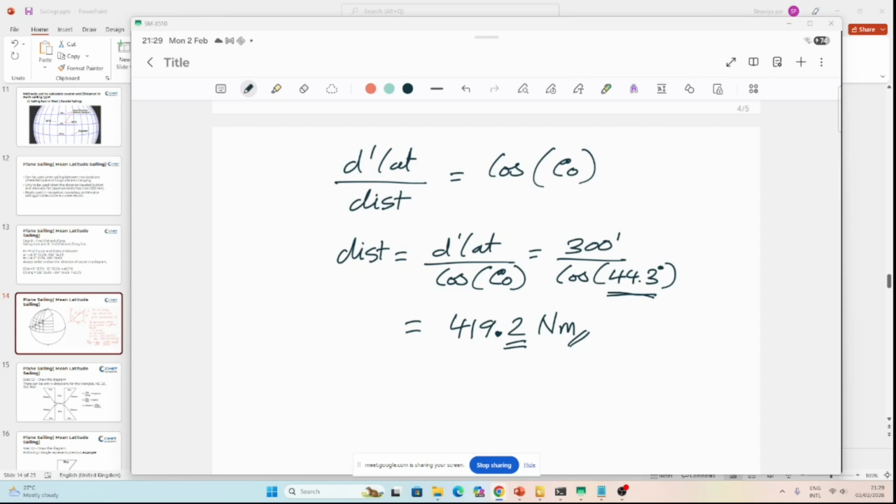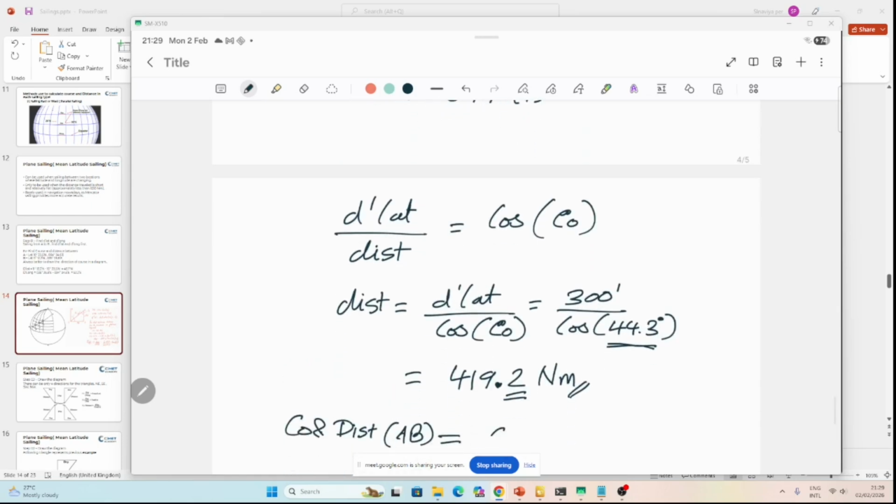All right. So the course and distance between A and B, course and distance of AB, is N 44.3 degrees E and 419.2 nautical miles. So this is your answer.